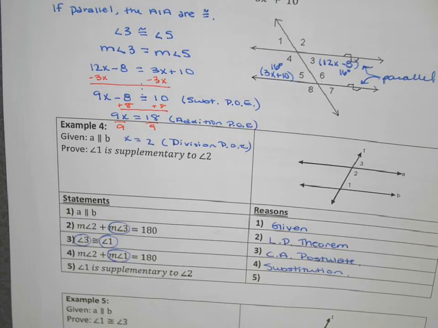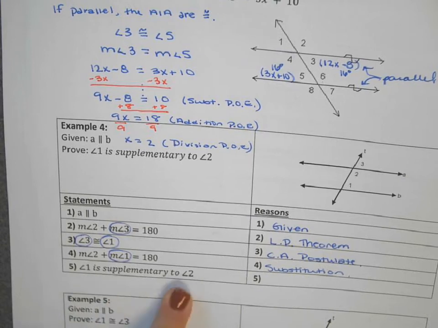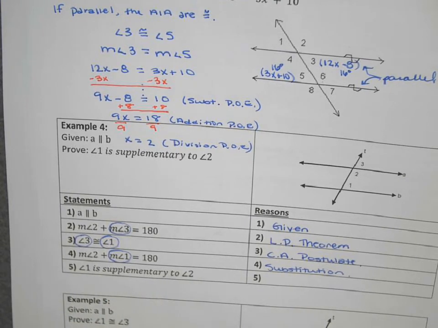Okay? So, if 2 plus 1 is 180, how is it that 1 is supplementary to angle 2? Why is it that if the measure of angle 2 plus the measure of angle 1 equals 180, we can say 1 and 2 are then supplementary?